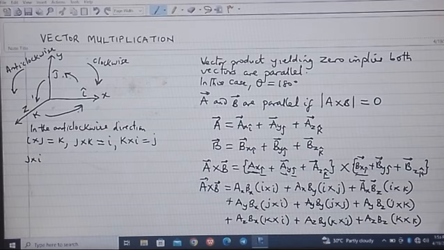Then I cross K will give us minus J. K cross J will give us minus I.